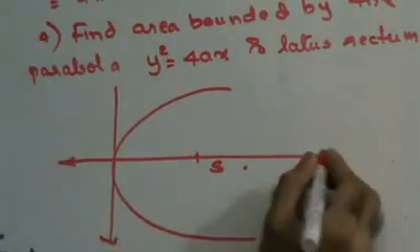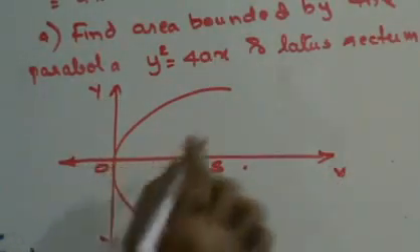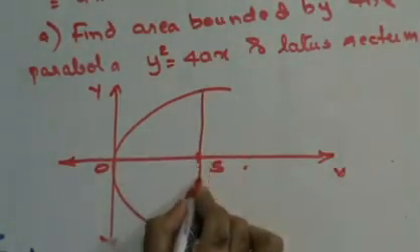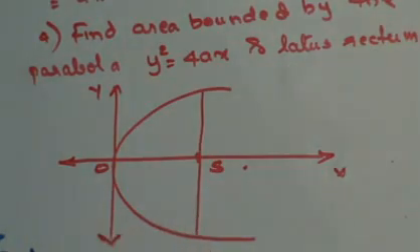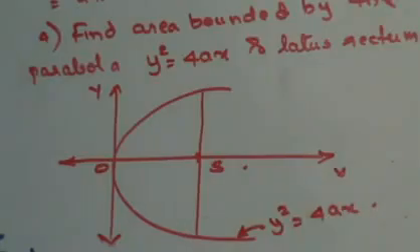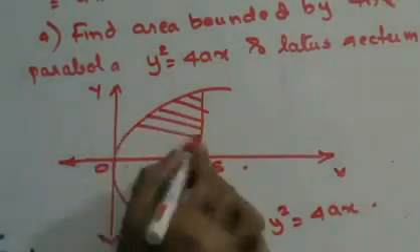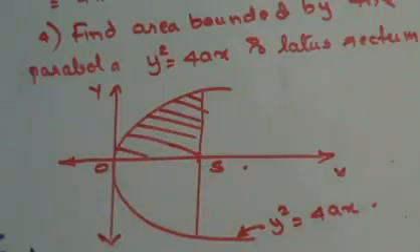Parabola, y-axis, x-axis, origin, latus rectum. Fine. They have said to find the area bounded by the parabola y square is equal to 4ax and latus rectum. That means I want to find out the area of this whole region. Right? For the time being, I'll take just the first quadrant.